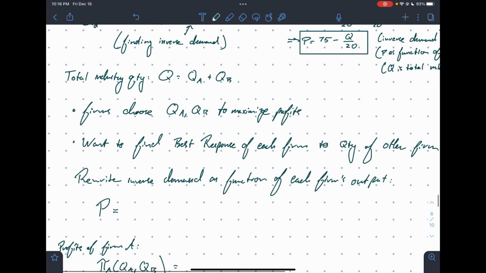I'm going to plug the total industry quantity into the inverse demand function: 75 minus (QA plus QB) over 20, so it's 75 minus QA over 20 minus QB over 20.